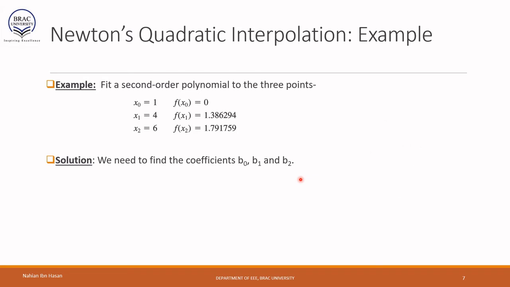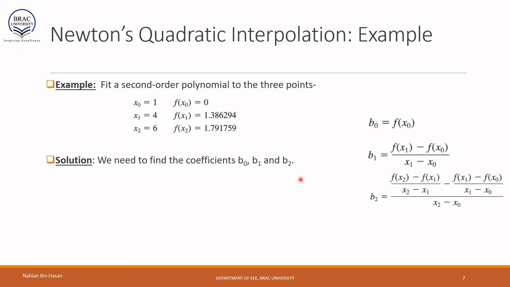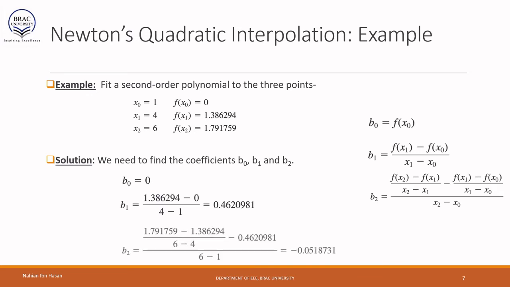We have already seen how we can determine these 3 coefficients from these 3 formulas, which we determined in the previous slide. All of these values, f of x0, f of x1, x1, x0, are already given in the question, so we can easily determine these 3 coefficients, b0 equal to 0, which is f of x0. Similarly, we can find the value of b1 and the value of b2.